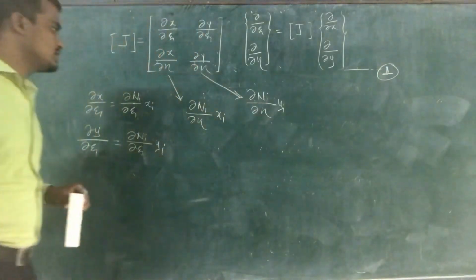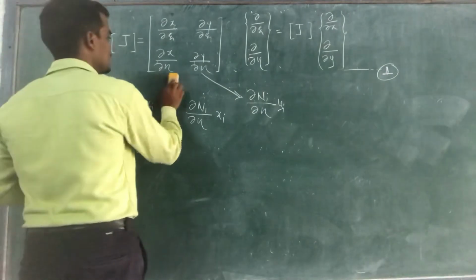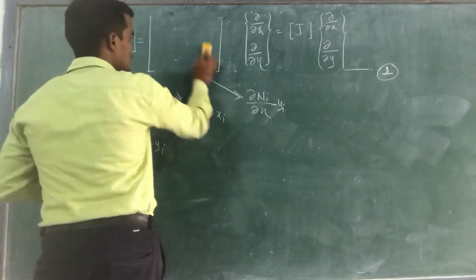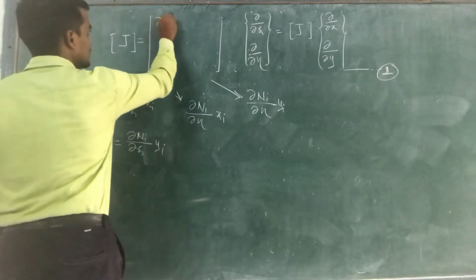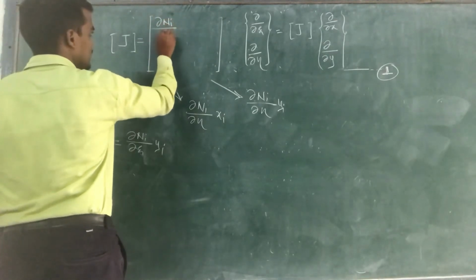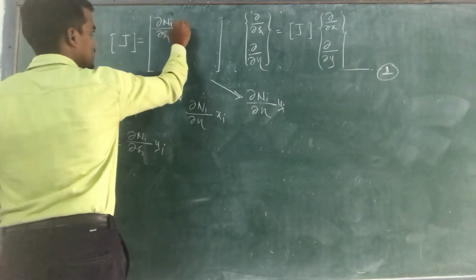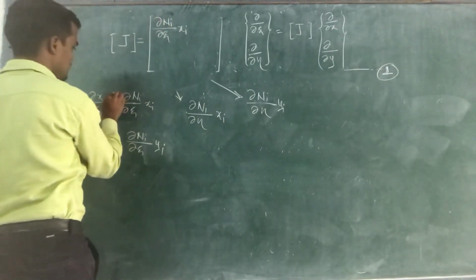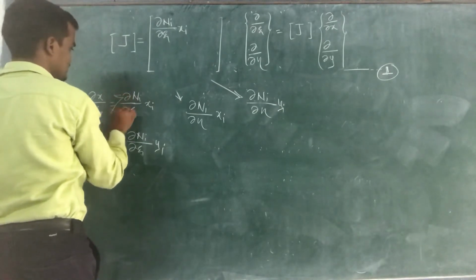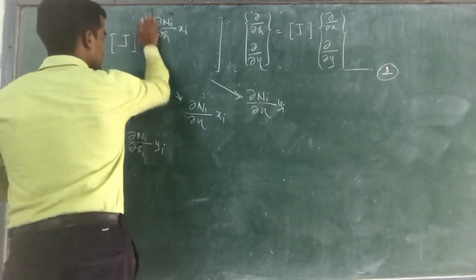So in this way you can get these 4 terms. In general these 4 terms can be written as ∂Ni/∂ζ xi. Actually, summation — here we are using the summation sign, and the summation sign should be there.